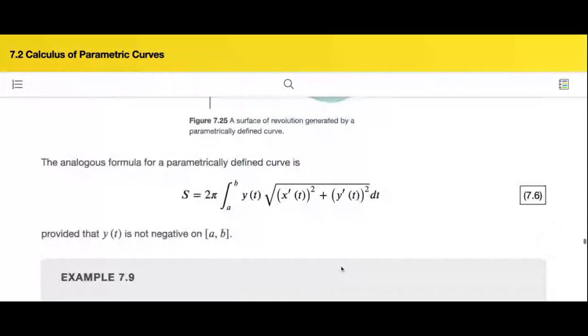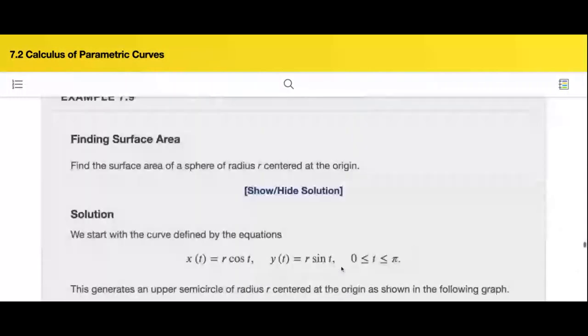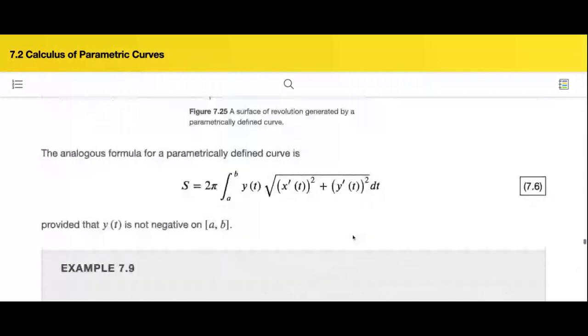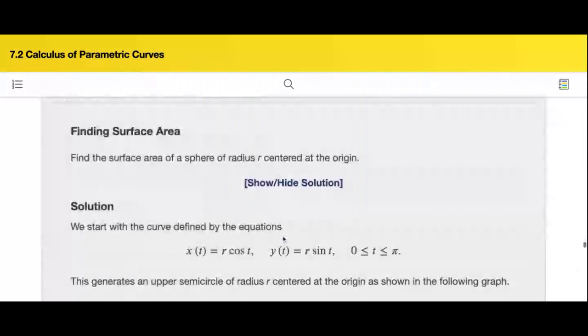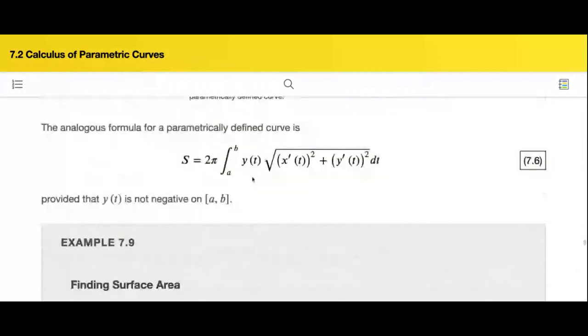So for us, we just apply that. We have y of t, what's y of t? y of t is r sine t, and t goes from 0 to pi.